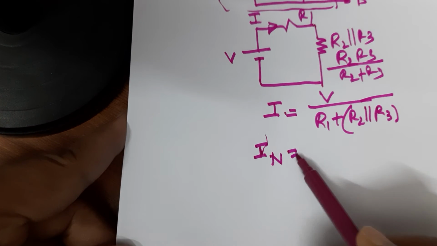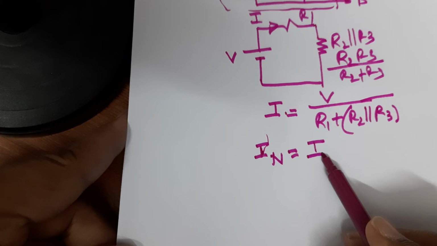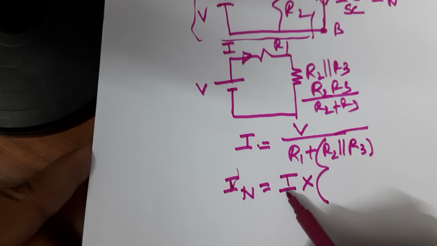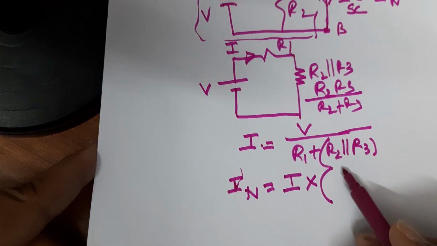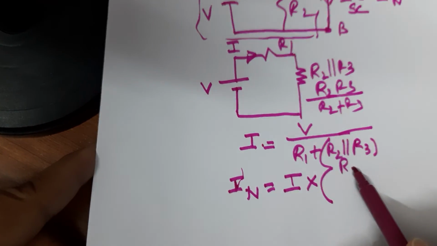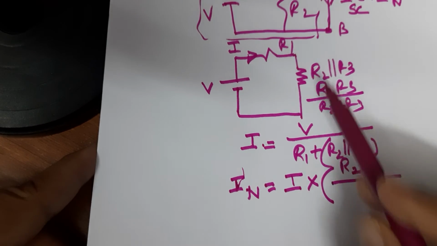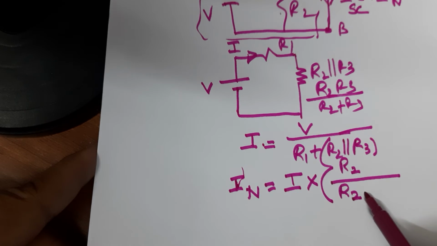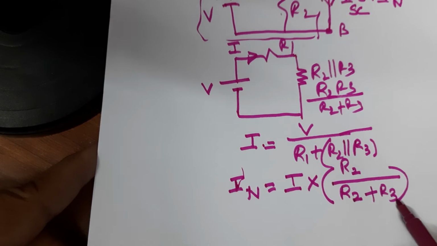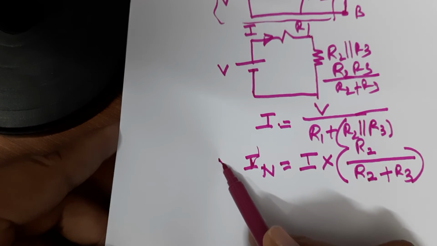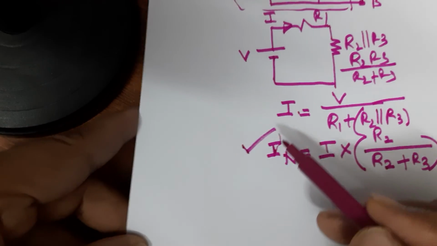IN equals the source current multiplied by R2 by the sum of the two resistances, R2 plus R3. In this way, we can find the Norton current.